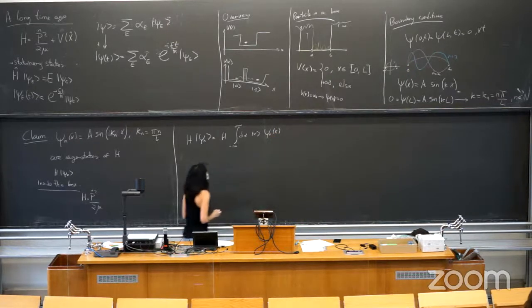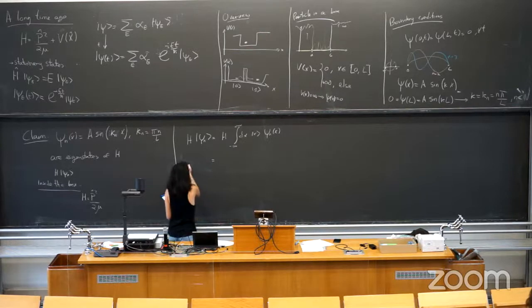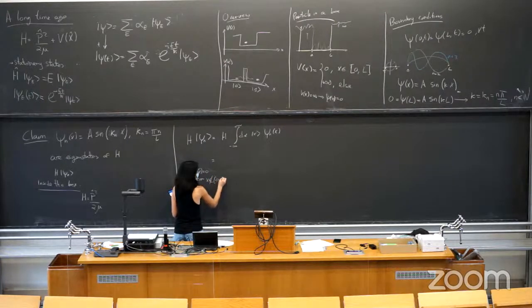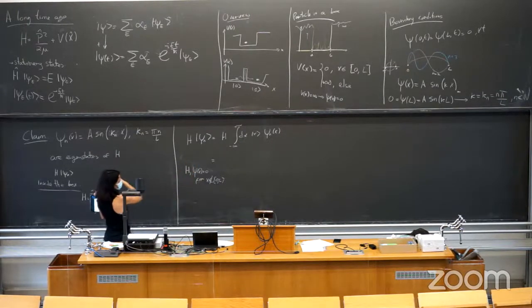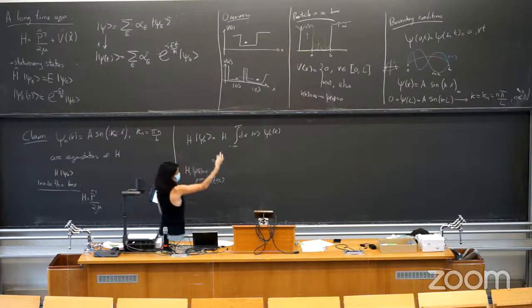Now, because both H and psi of x are 0 for x not being in this interval, you could expand this into three terms, to the left, in the middle, to the right, but the left and the right are always going to be 0.